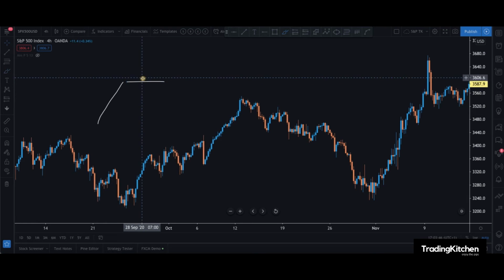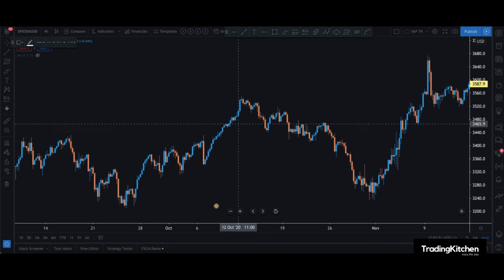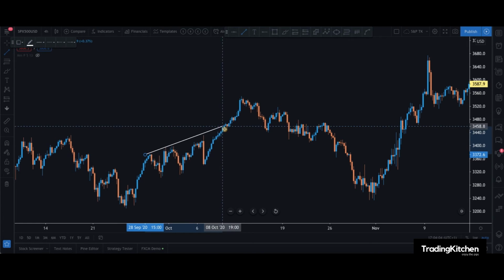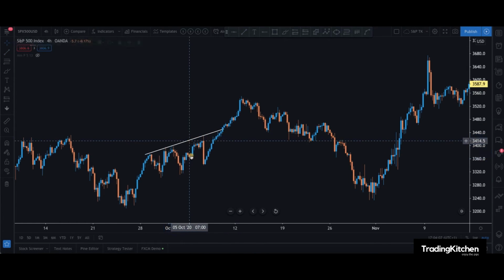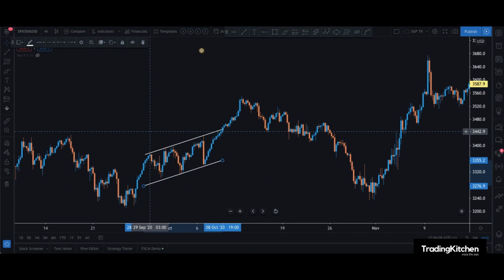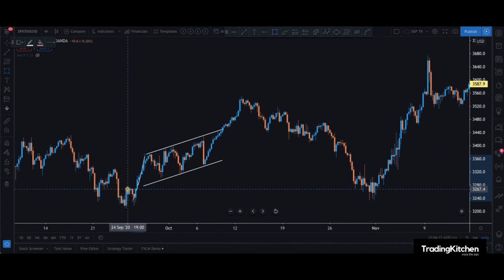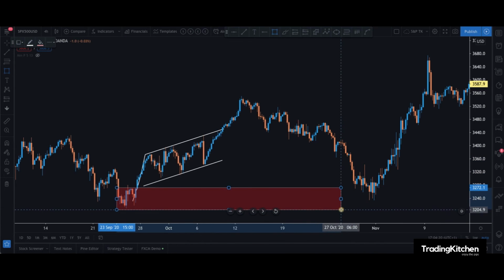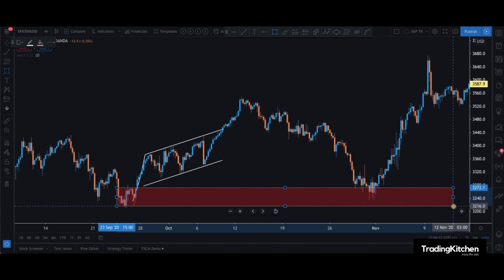Okay, so for example, if you train yourself to view patterns and all the movements of the market correctly, it will be so much easier, okay, to draw a channel, okay, to understand that this is an impulse, and if this is an impulse, this will be a consolidation, okay, and maybe a structure, okay.